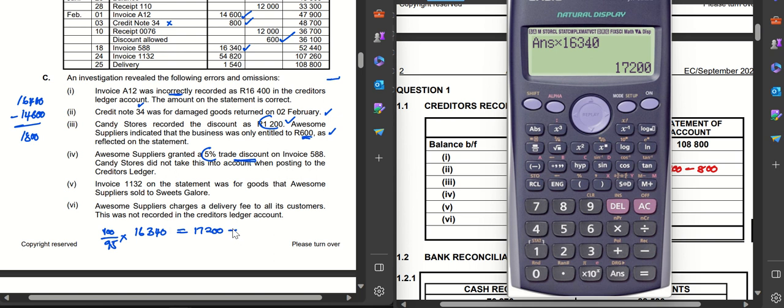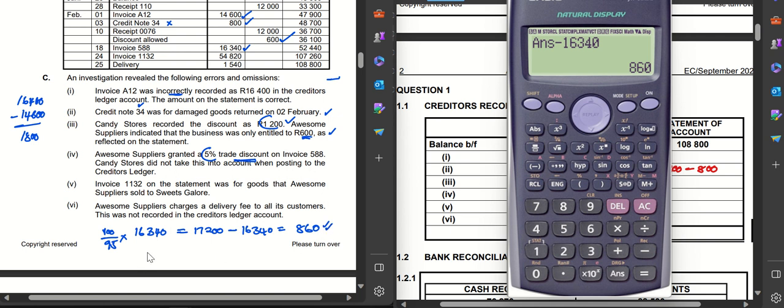Then after discount, it was now, then we say minus 16,340. So the amount before discount minus 16,340 will give you the discount amount of 860. So the discount there was 860. Are we together?